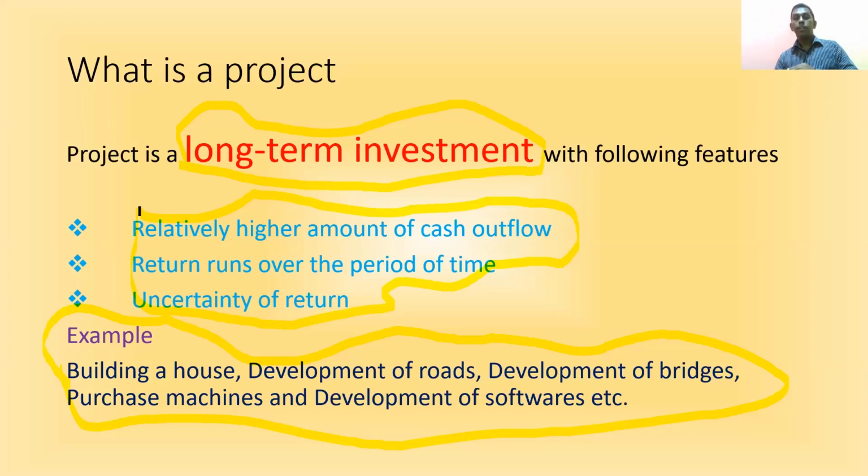It generates interest at the end of each and every year until maturity. So returns are generated over a period of time. The second feature is also satisfied.